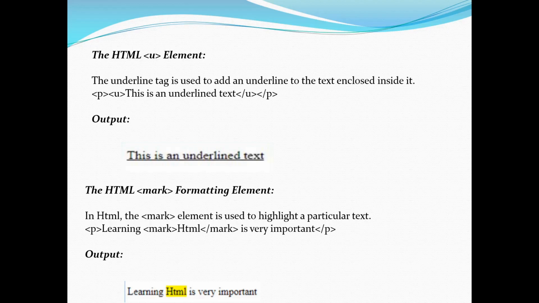Now, how we use this mark tag is you write your complete sentence in the paragraph tag, and whichever word you want to highlight, the mark tag should be around it. So we have written the p tag, learning, we have written the mark tag, then we have written the HTML word. Now after the HTML word, we don't want anything to get highlighted. So we have closed the mark tag and then we continued the sentence and we closed the p tag.